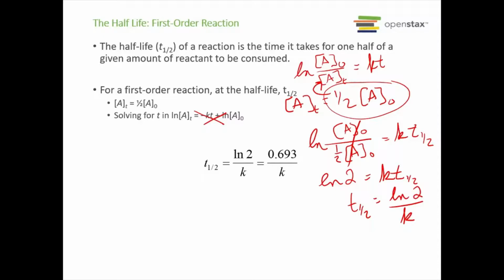It's up to you if you want to write it as 0.693 or natural log of 2. Doing the natural log of 2 is a little bit more exact because you're not rounding to just 3 decimal points, but again, it does not matter. So that is the half-life for a first order reaction. We're going to look at the equations for second order and 0 orders later.